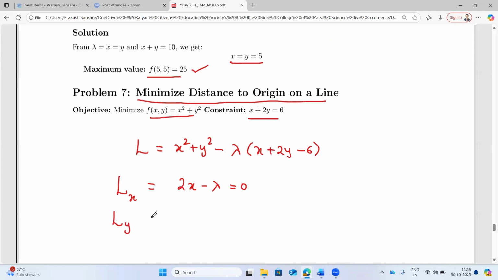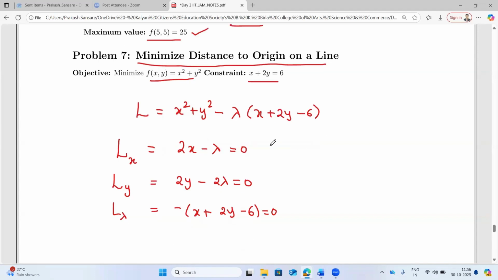Similarly, the partial derivative with respect to y, 2y minus 2 lambda, is 0. And the derivative of L with respect to lambda will be minus of x plus 2y minus 6 is equal to 0.